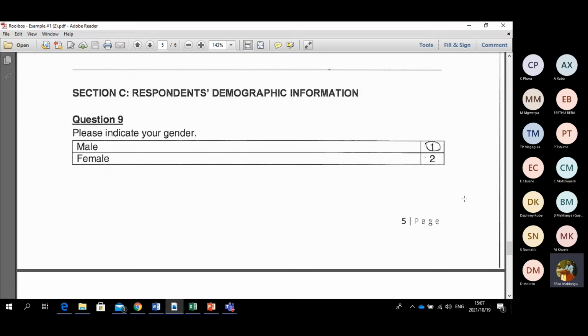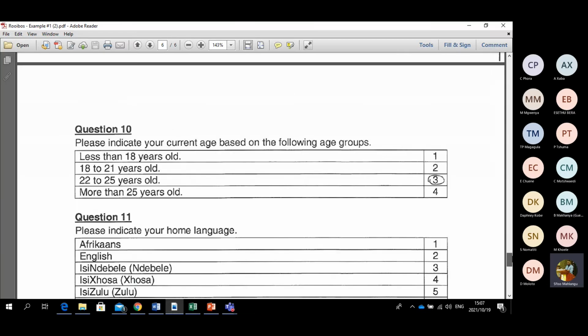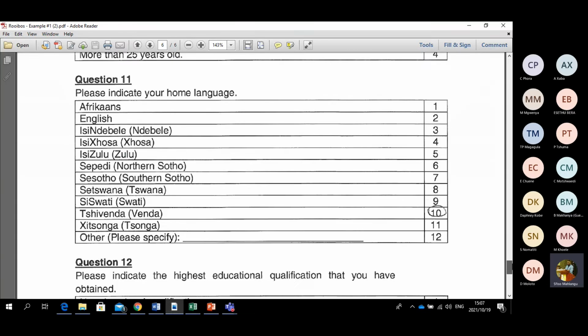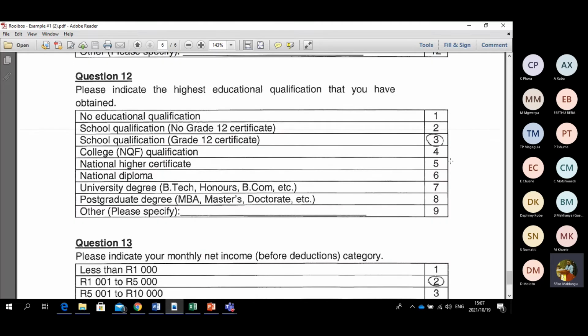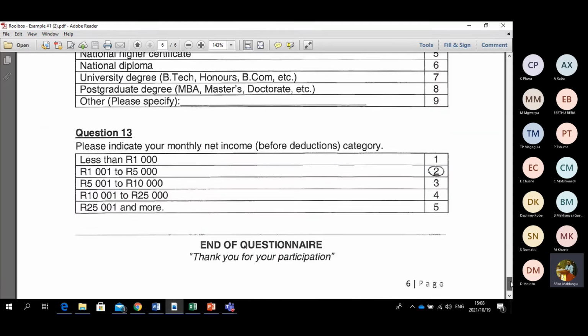The respondent did not indicate their gender, their age or their home language, which could be about race or ethnic group issues. They are not comfortable with you as a researcher associating who they are with their income and their usage of skincare brands. So they did not complete this part, their education level, their income.